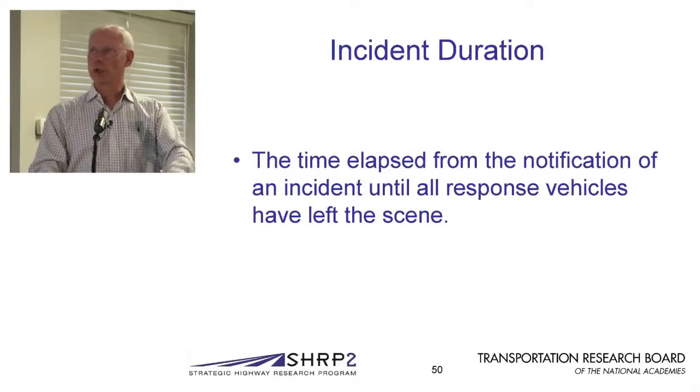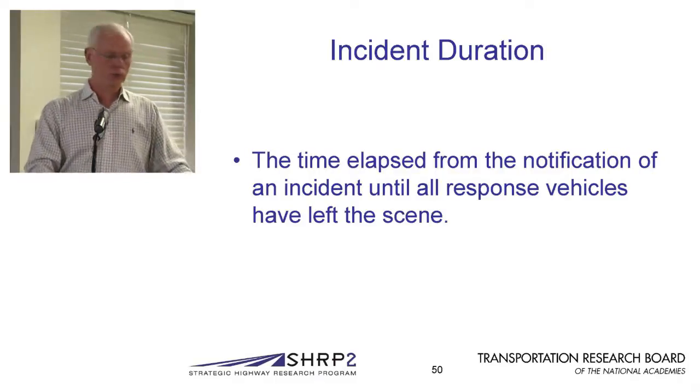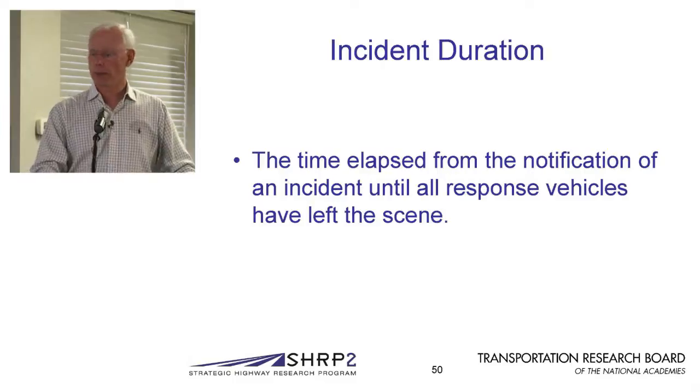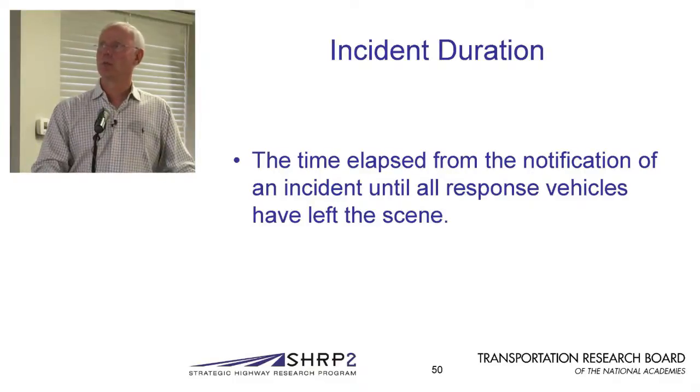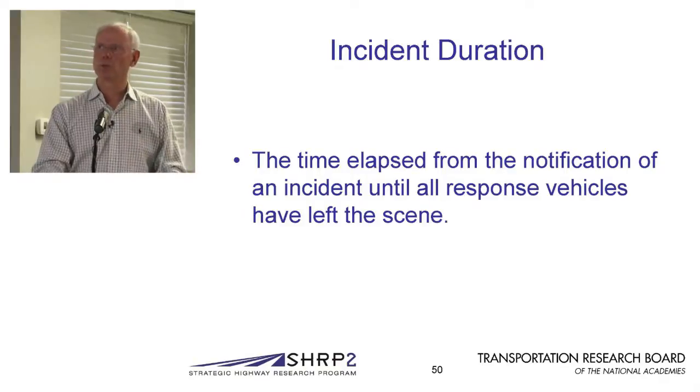If you're looking at non-recurring congestion, looking at incidents and your ability to shorten the time that incidents are impacting the performance of the system is important. It's also, I think, important to point out that when you deal with this particular performance measure, it's very important to be careful how you define what it is that you're measuring.